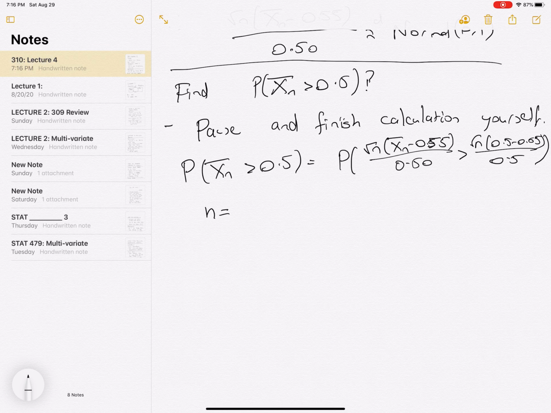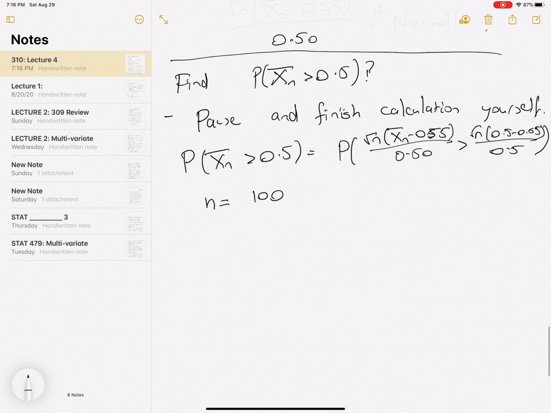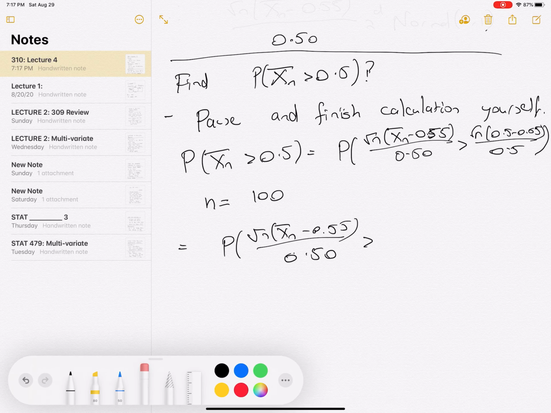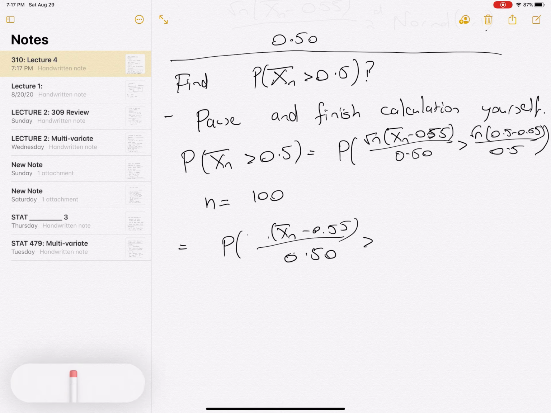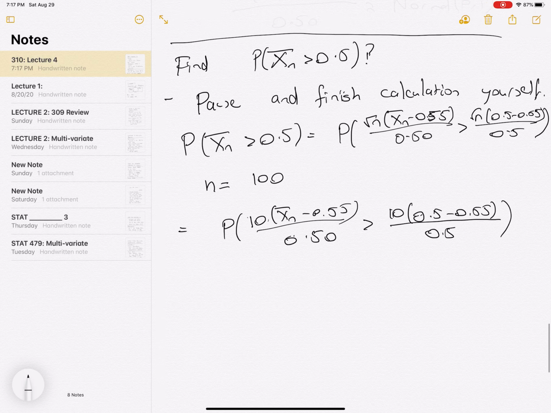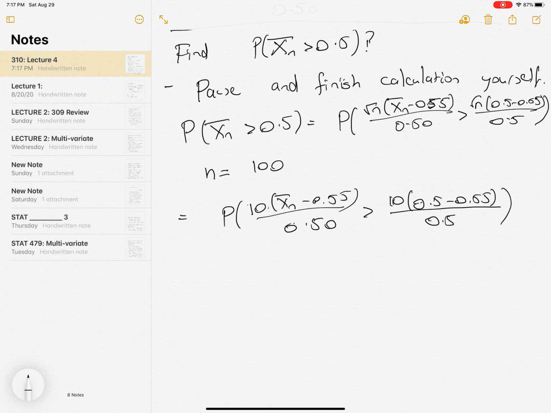And here we have that n equals 100. And this is where we can use the standard normal.